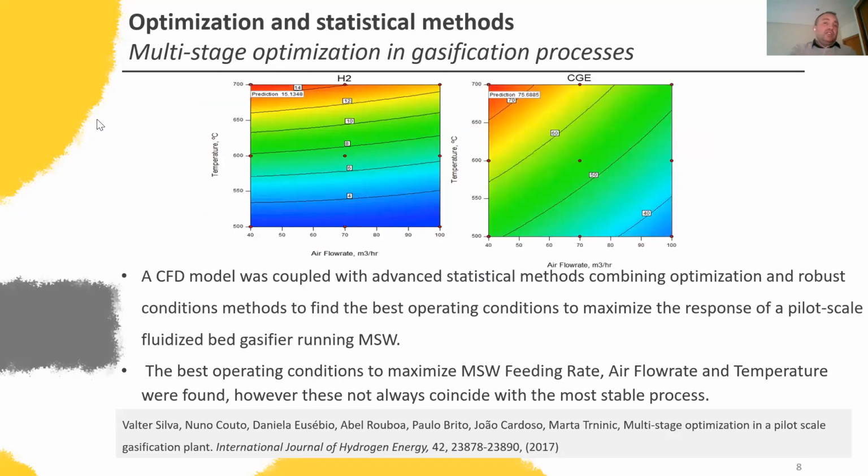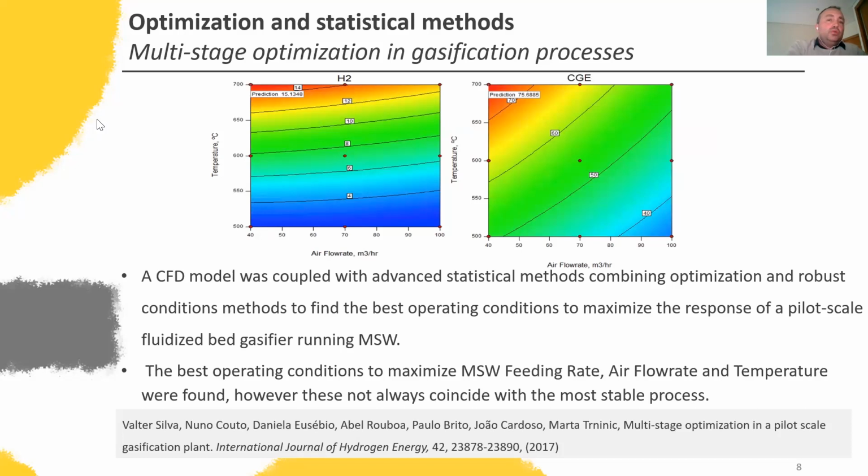After understanding the entire process, what we do next is to try to optimize the operating conditions. We understand that, for example, temperature and airflow rate are very important parameters.